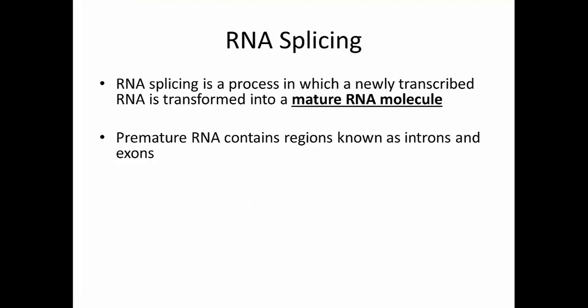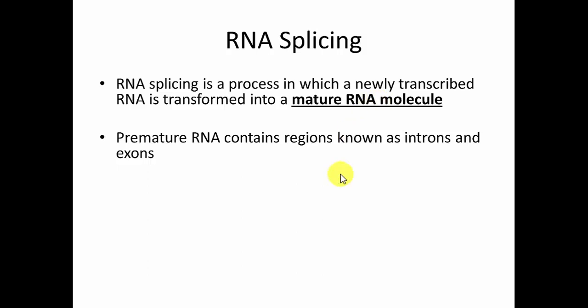in eukaryotic organisms in particular, once the RNA molecule is produced, you have a series of steps that occur after that, referred to as RNA splicing. So this is specific to eukaryotes. And what happens is the RNA will go through an extra series of steps in which what's called the premature RNA is modified into what's referred to as the mature RNA.